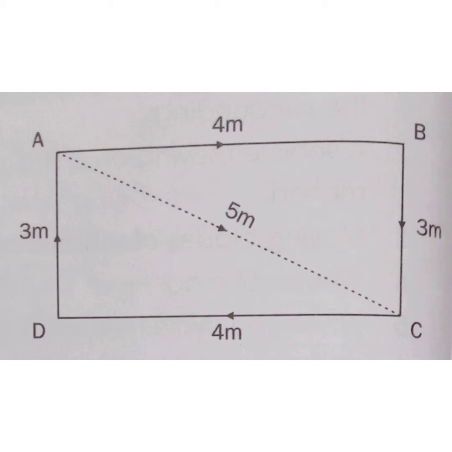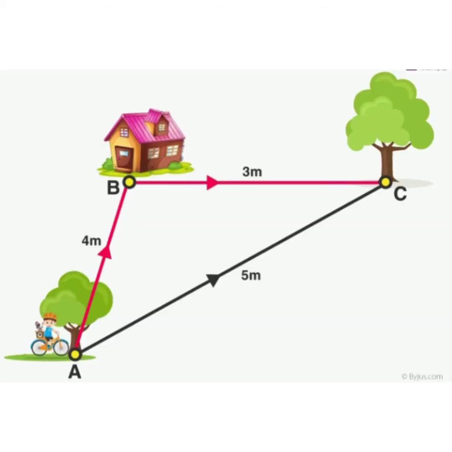In the same way, the direction towards north is taken as positive and the direction towards south is taken as negative. So, 4 meter east gets cancelled by 4 meter west and 3 meter south gets cancelled by 3 meter north. When the boy returns to point A, his displacement would be 0.